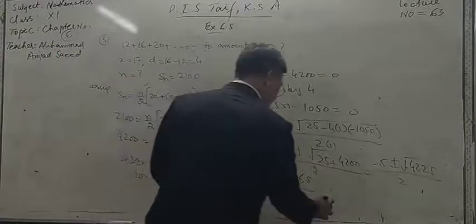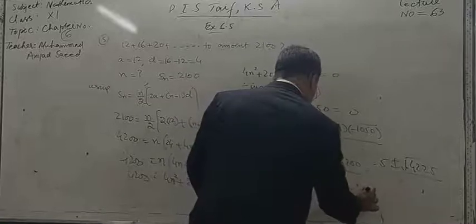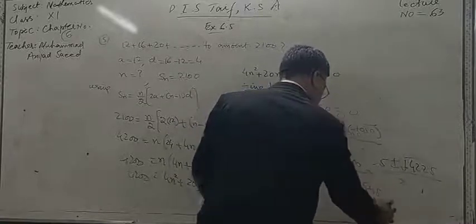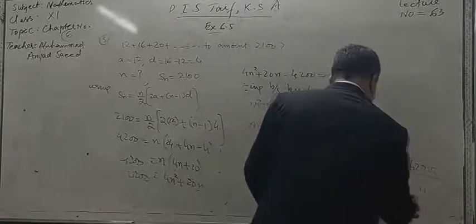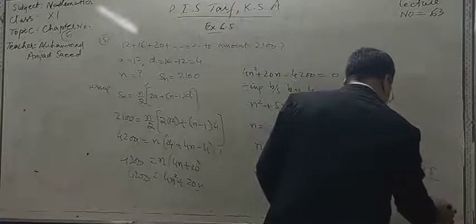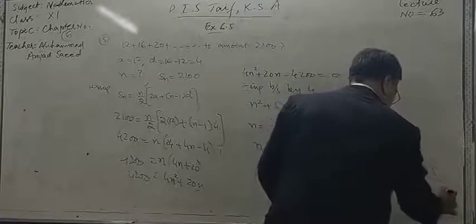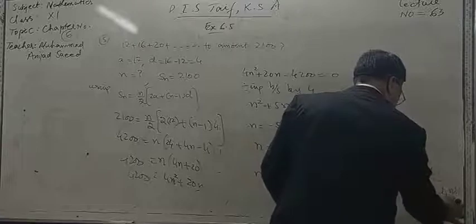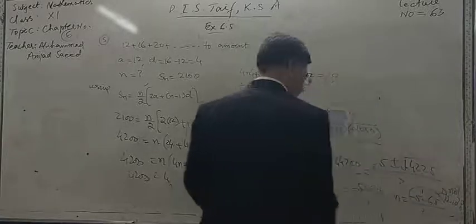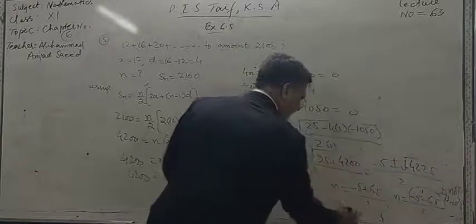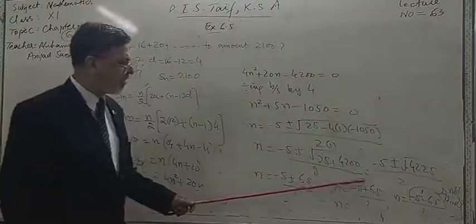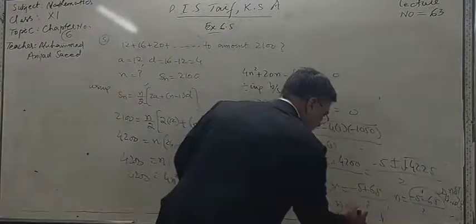Dear students, you can write down n is -5 + 65 over 2 and n is equal to -5 - 65 over 2. This is negative, not possible. Number of terms can never be negative. So here n is equal to 65 minus 5 is 60, 60 over 2 is 30.